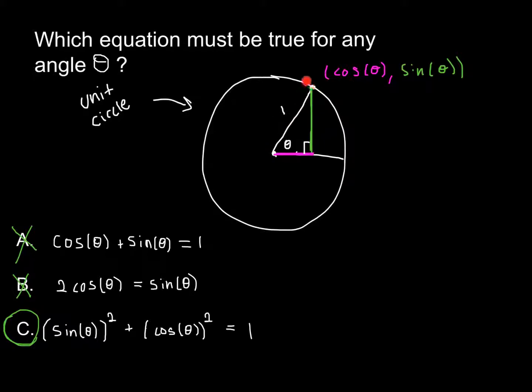And we know that no matter where the terminal point ends up, we can construct this right triangle where the vertical side is the length of sine, the value of sine, and the horizontal side is the value of cosine. And for any right triangle, we know that the sum of the squares of the two smaller side lengths must equal the square of the hypotenuse.